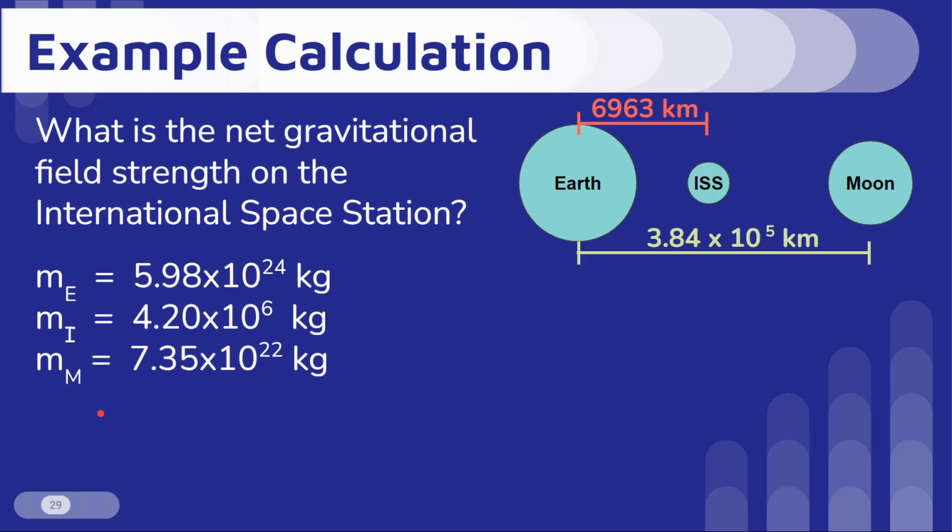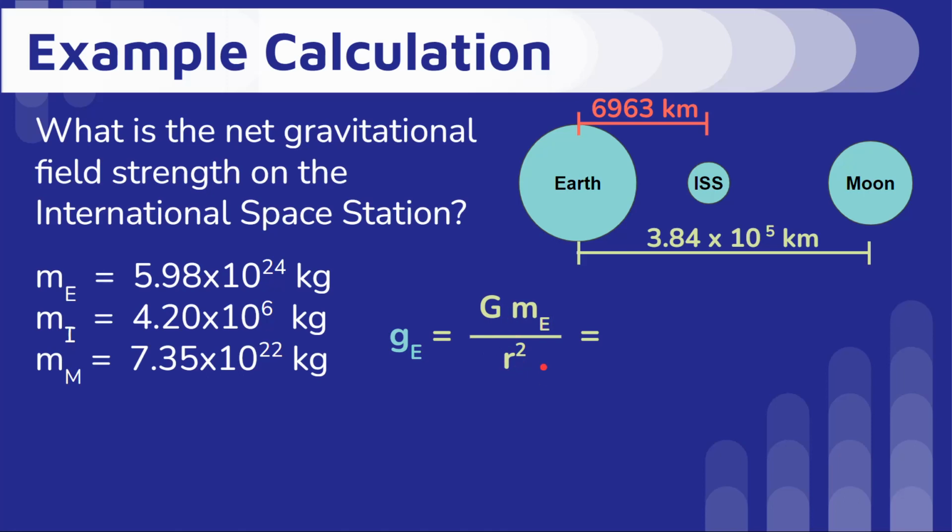So again, I'm going to use my equation for gravitational field strength that we derived in our notes a moment ago. The gravitational field strength due to the Earth's mass, we could find this way: the universal gravitational constant multiplied by the mass of the Earth divided by the distance of separation squared.